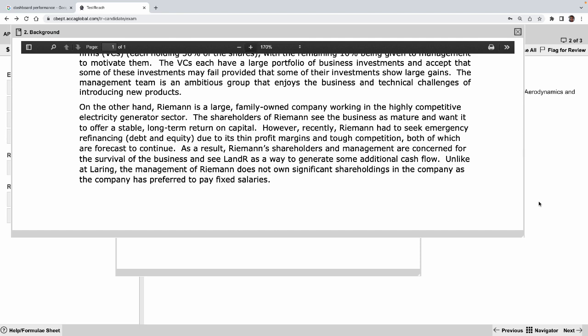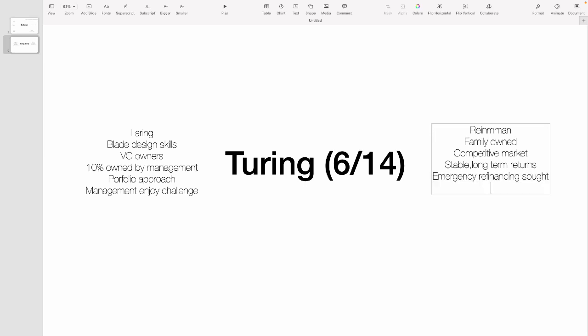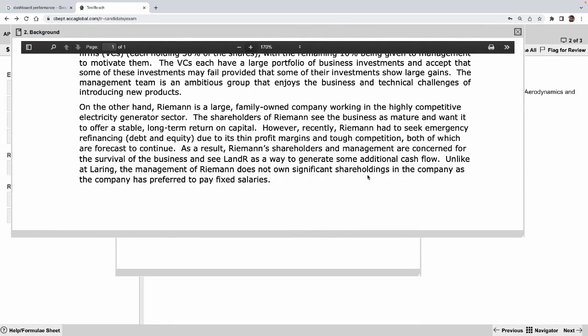Okay, they sought emergency refinancing. And then you got the last part here. Well, let's have a look at this part. As a result, shareholders and management are concerned with survival.